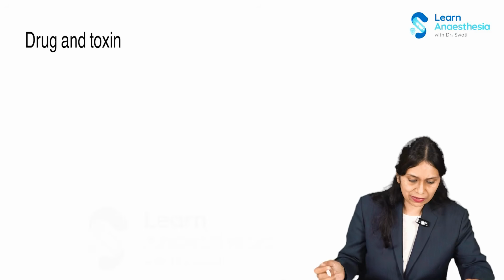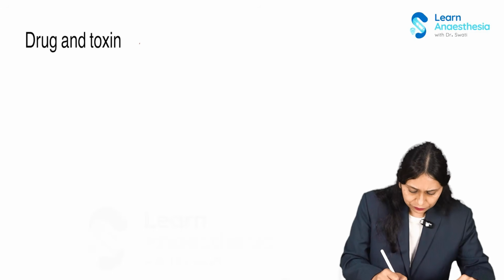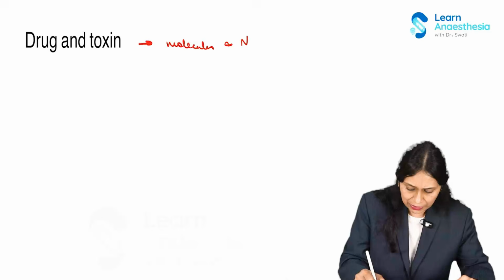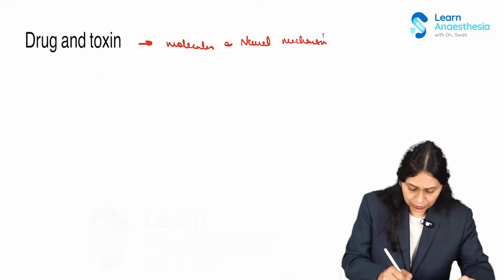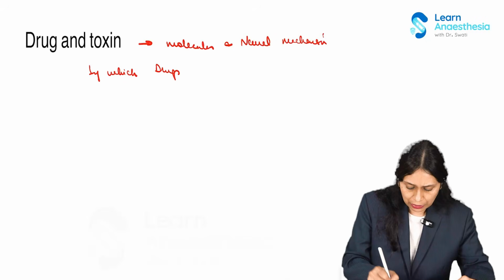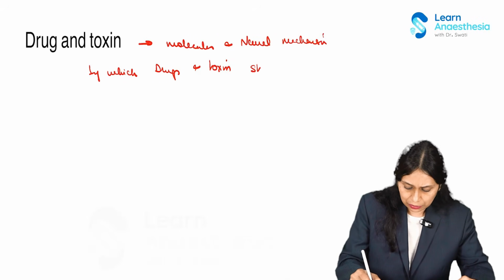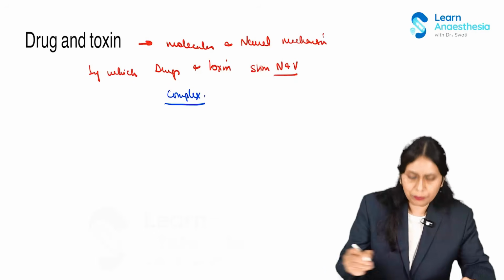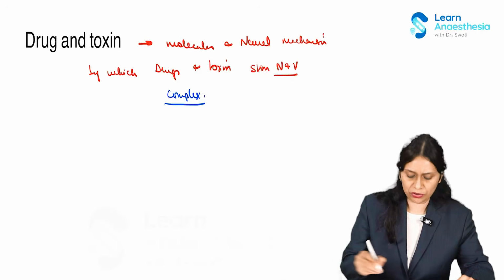The molecular and neural mechanism by which drugs and toxins stimulate nausea and vomiting is complex and improperly understood. So basically they are stimulating the area postrema.